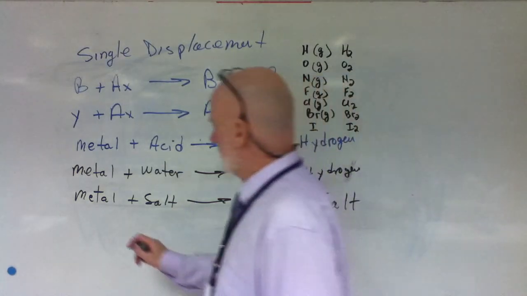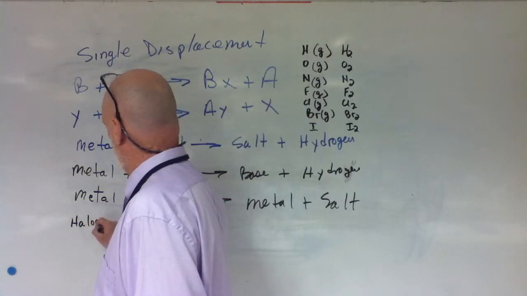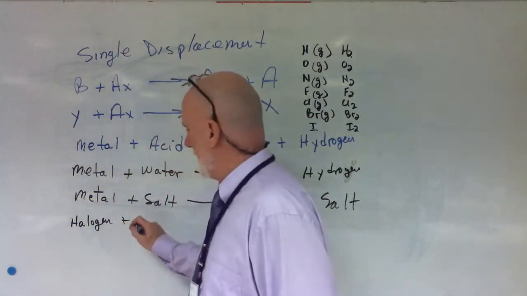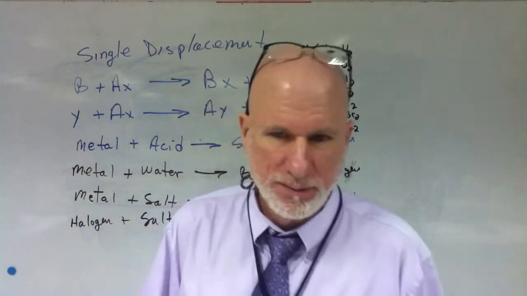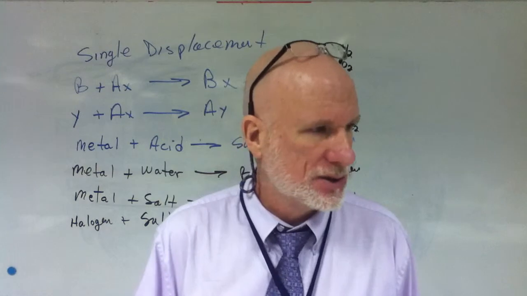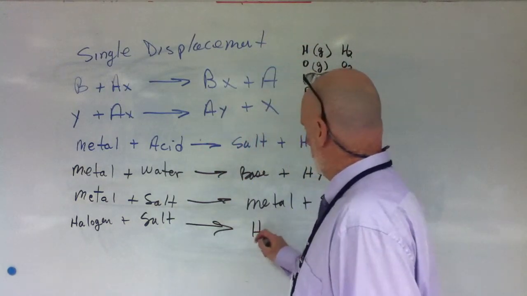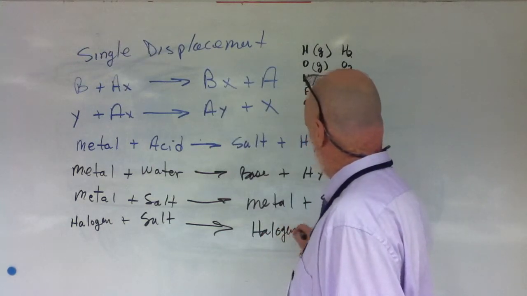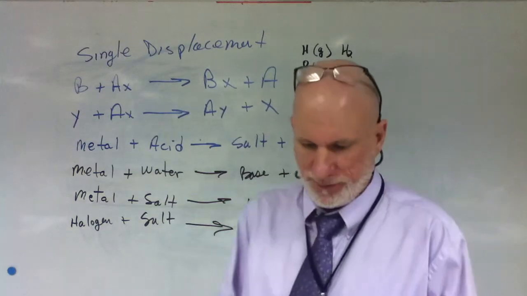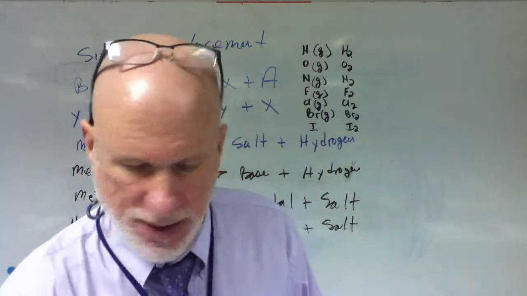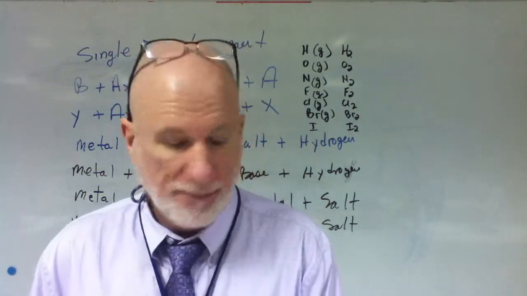The other one is a halogen plus a salt of a halogen yields a halogen plus a salt of a halogen, and that's it. Those are the four types of single displacements. You can also really just switch halogens.